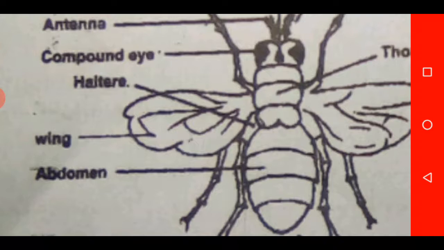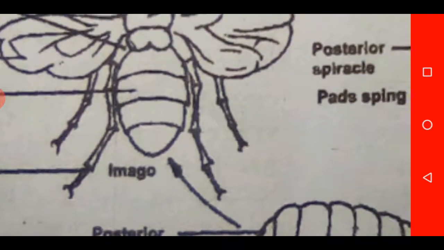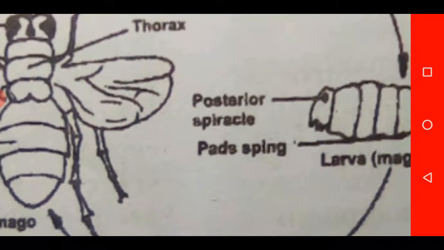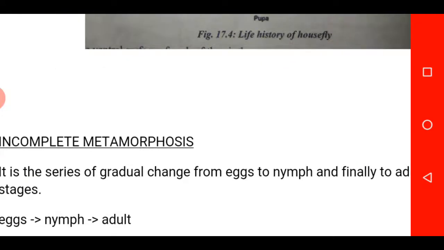The organism has three pairs of jointed legs and some other structures which make it an insect. So that is the life cycle of the housefly, as an example of a complete metamorphic organism.